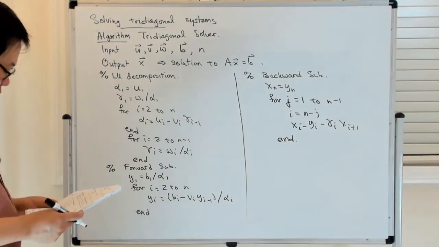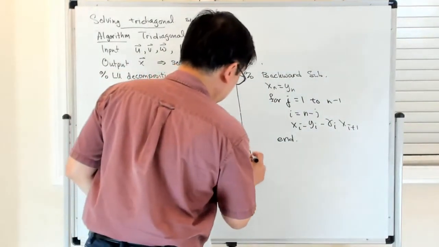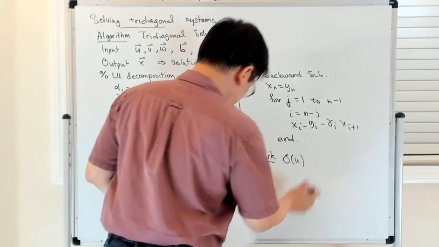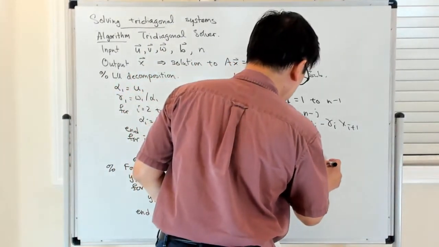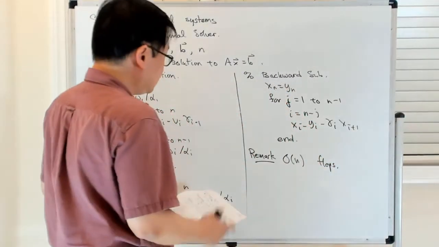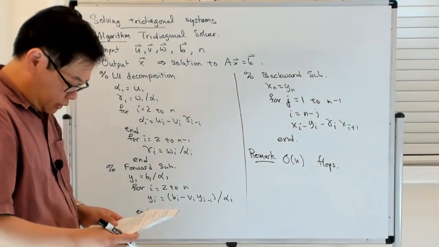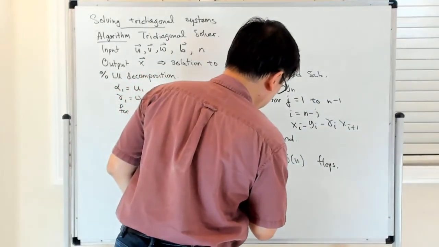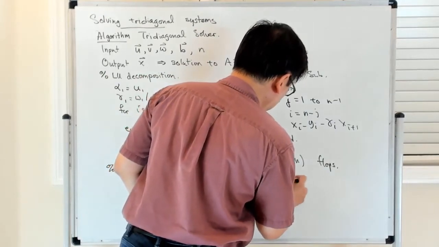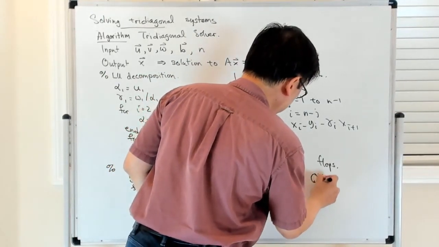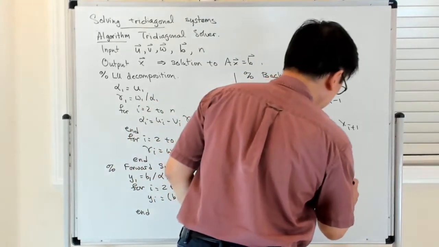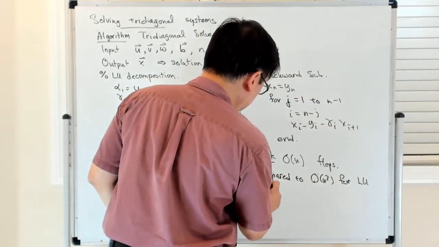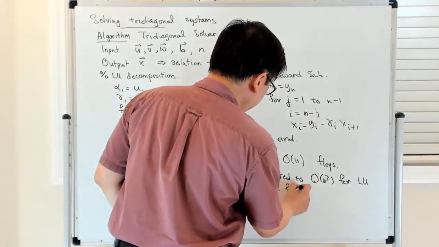Okay, so this is big O of n flops, in contrast to the usual big O of n cubed operations for LU for a full matrix.